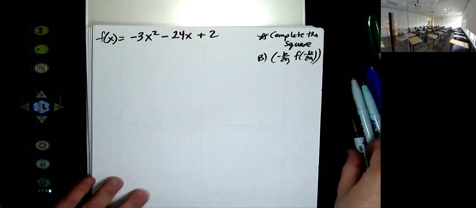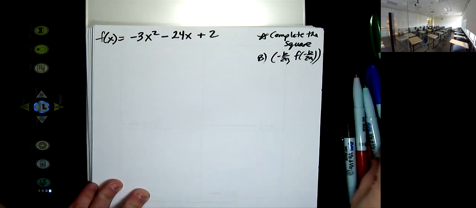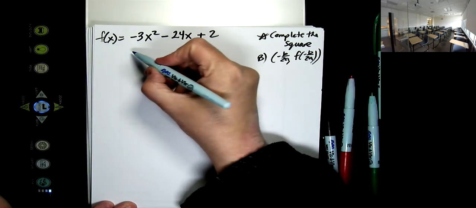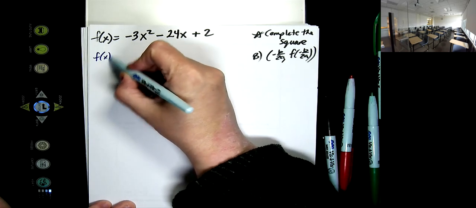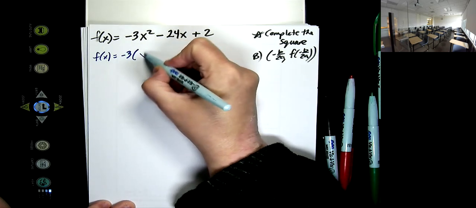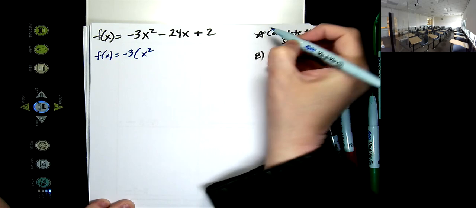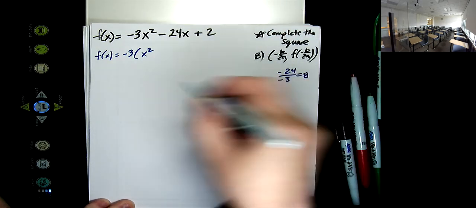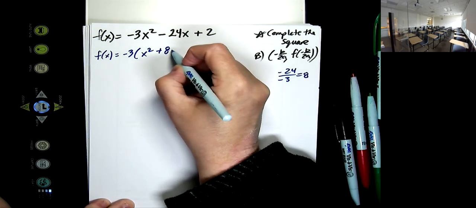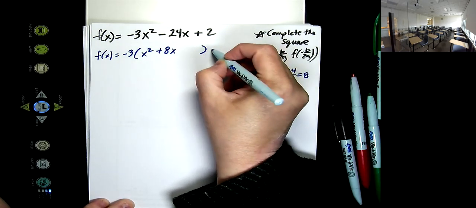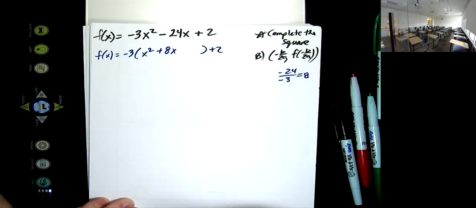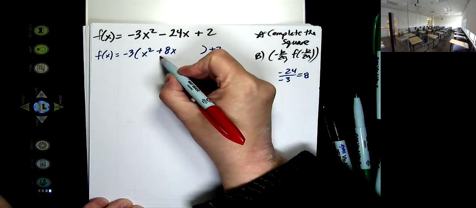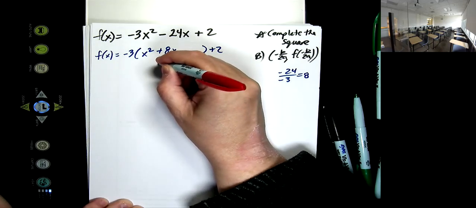All right. Walk through this one. We are going to factor out that -3. And if I do -24 divided by -3 gives me 8. So I have plus 8x here. I'm gonna leave some space and put the 2 over there. We're gonna come here, we're gonna complete the square.